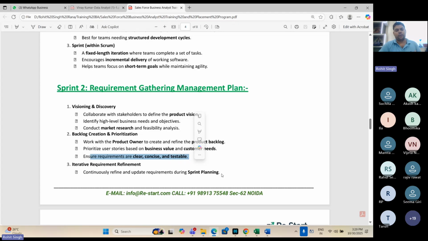And then I ensure that I have created a RACI matrix. Some people say RACI and some say Reiki. RACI means whosoever is responsible, whosoever is accountable, whosoever is consulted, and whosoever is informed. For user stories, who is responsible?